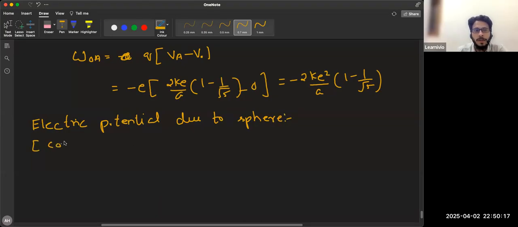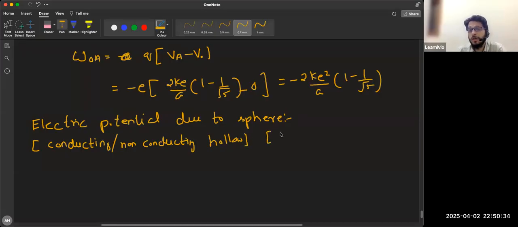Sphere could be conducting, or sphere could be non-conducting. If it is hollow, then it could be conducting or non-conducting, or it could be your solid conducting sphere. We have already discussed this thing in Gauss law. Solid conducting sphere.